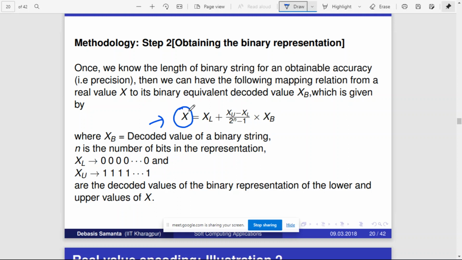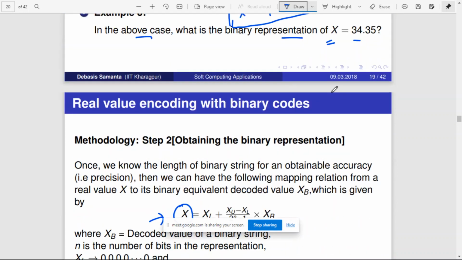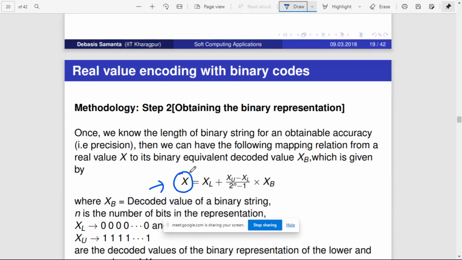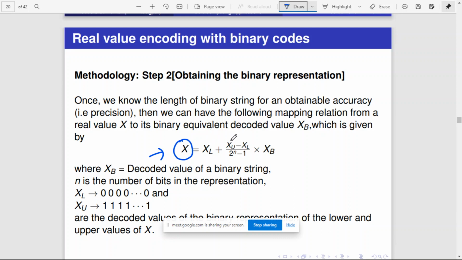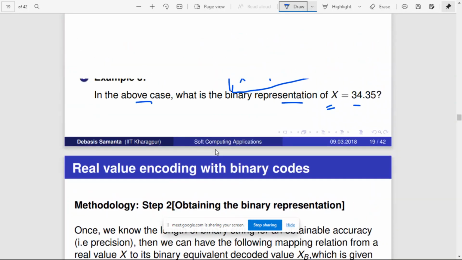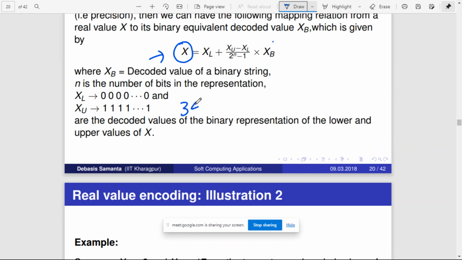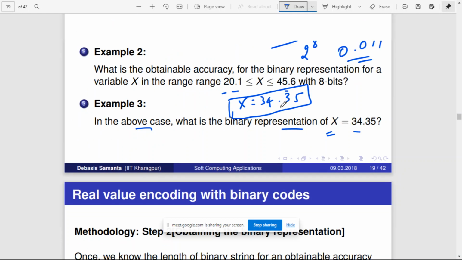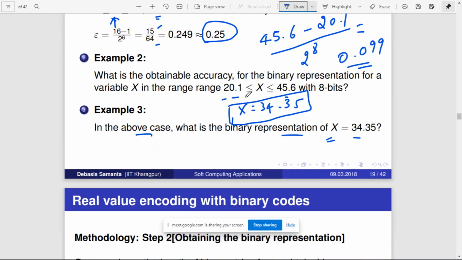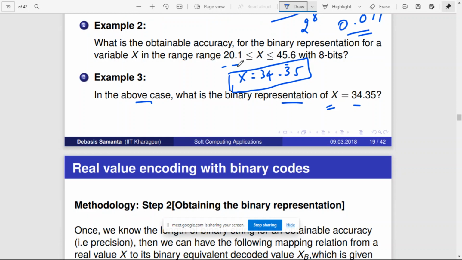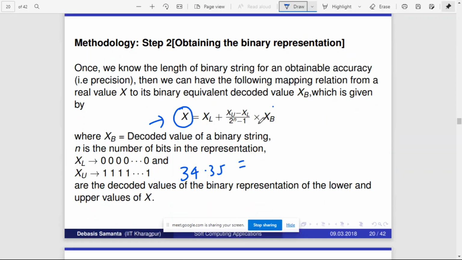That is, x is given. 34.35 is x. xl you know, xu you know, xb is the one we have to find. So we have to just plug into this equation. In this case, x is 34.35. What is xl? xl is 20.1, plus, what is xu?